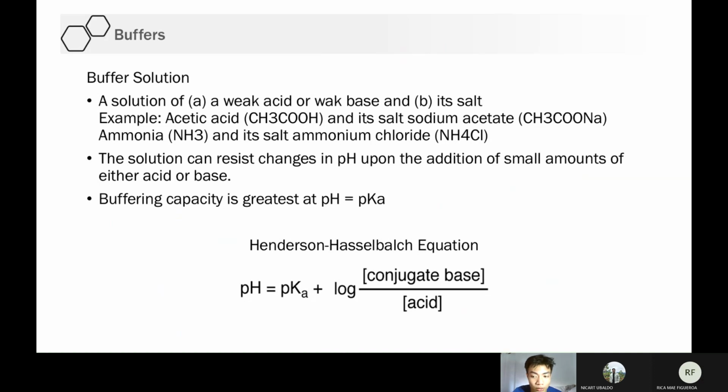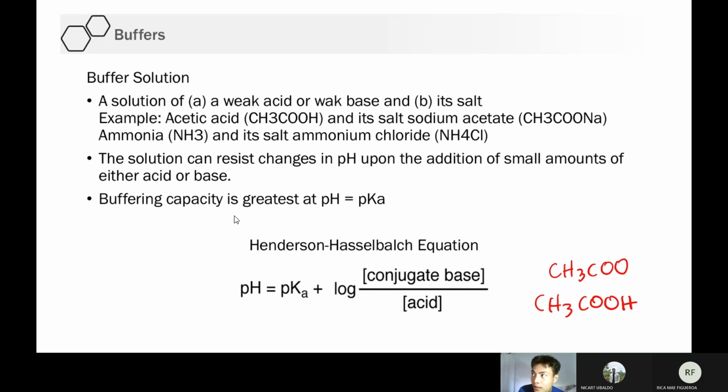Kunwari yung acid mo, CH3COOH. Okay? Kunwari yun yung acid mo. So, ano yung conjugate base mo? So, that will be CH3COO. Yun lang. Yeah, so, isang H lang yung difference nila. Okay? So, kailangan magkasama sila sa solution for you to be able to make buffer solutions. Those are solutions that resist the change, the gradual change sa pH.